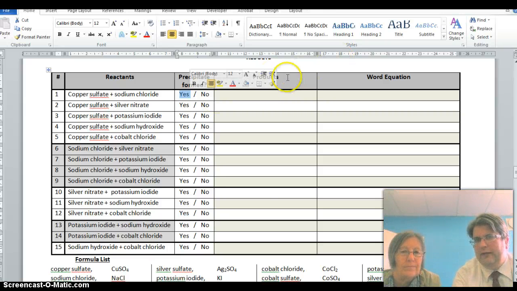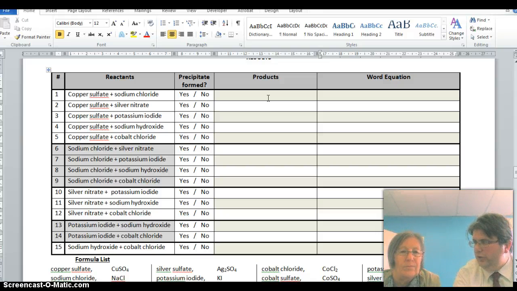You have to fill in this column, the products column. You'll have to fill in the word equation column, and we'll have to work from there. Okay? So, first of all, the products column. What we are talking about here is a reaction.